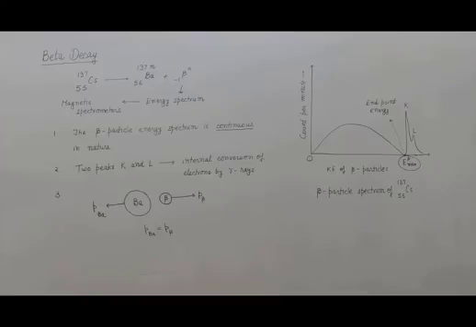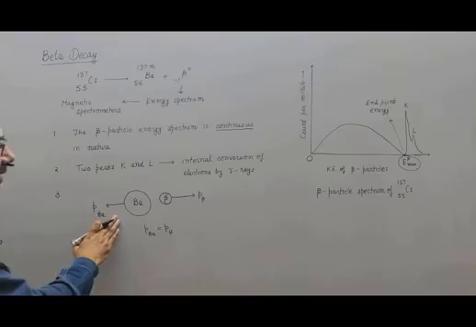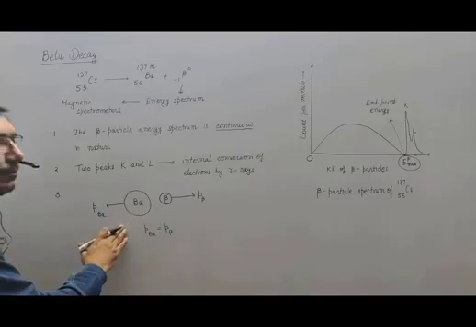Whatever momentum beta has, the momentum of this recoil nuclei should be equal and opposite.